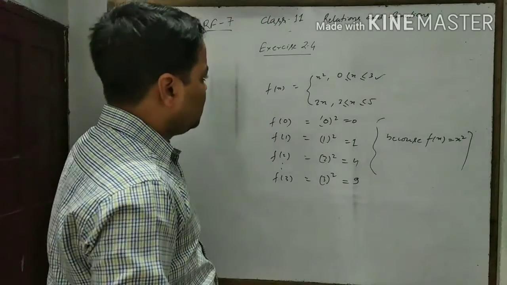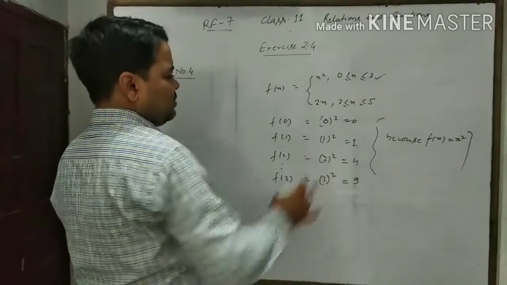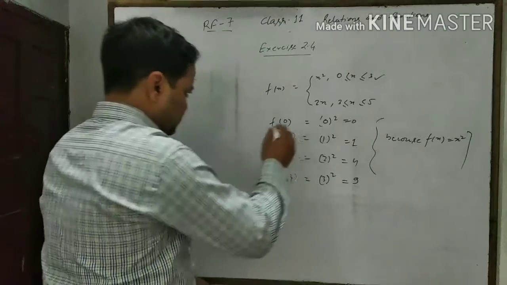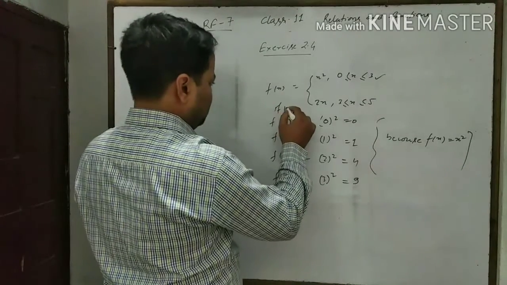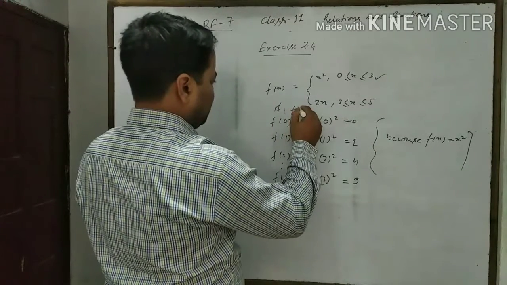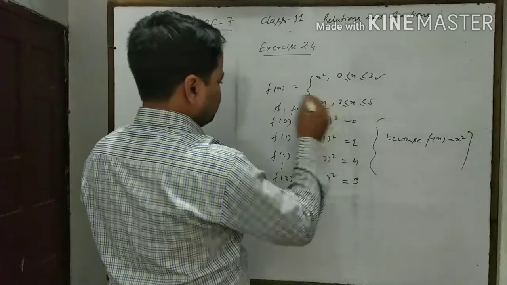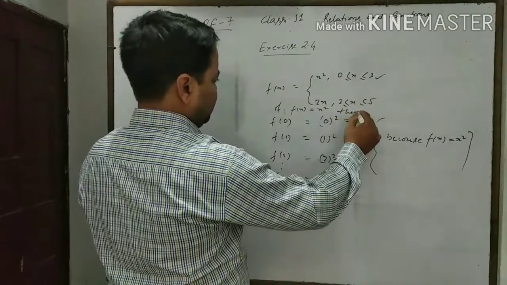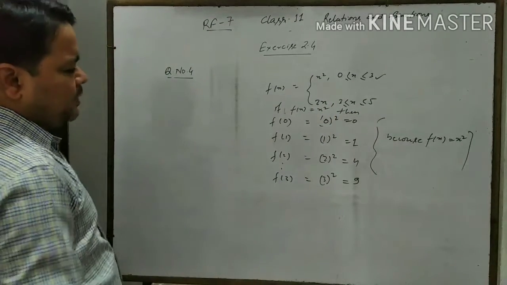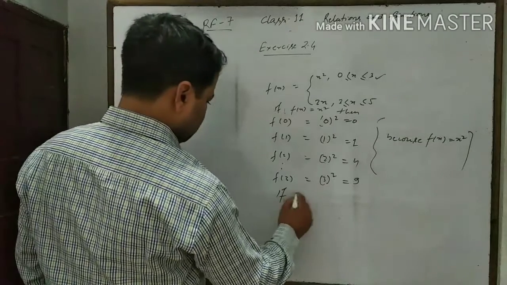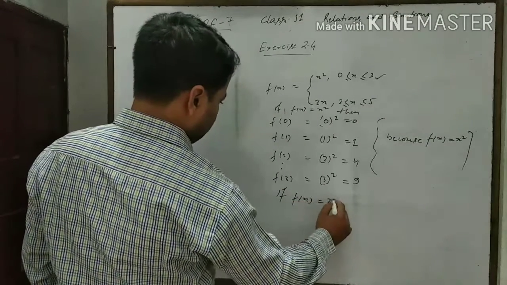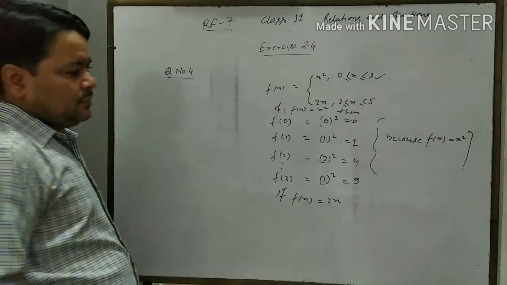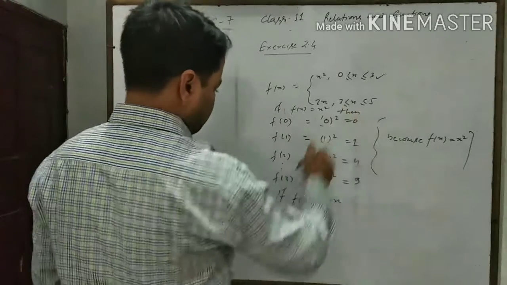But in this condition, if f of x is equal to 2x, then the condition is x is equal to 3.